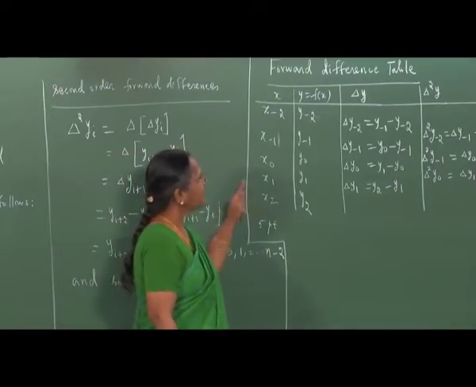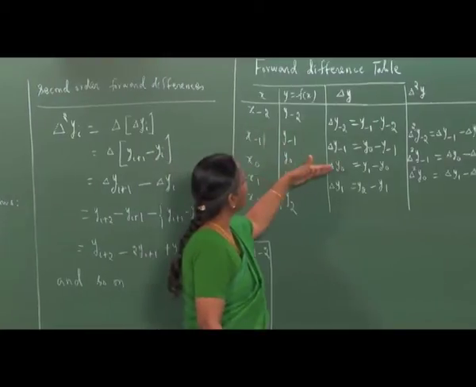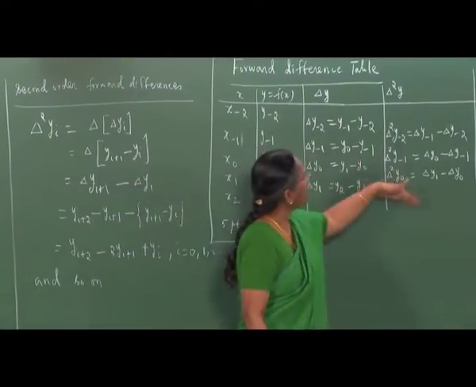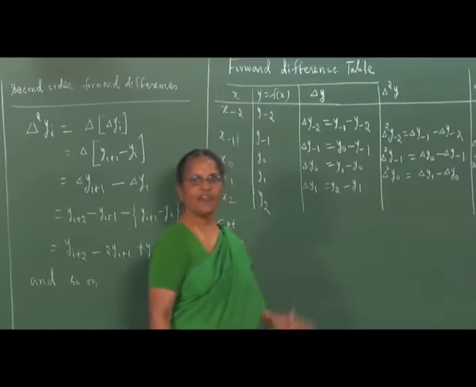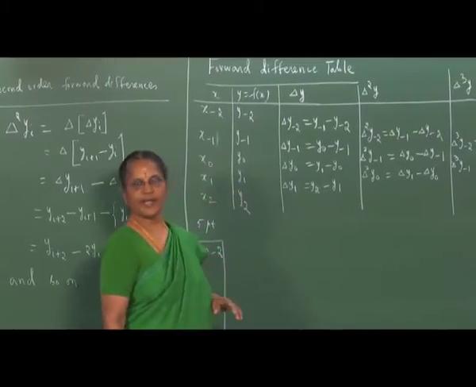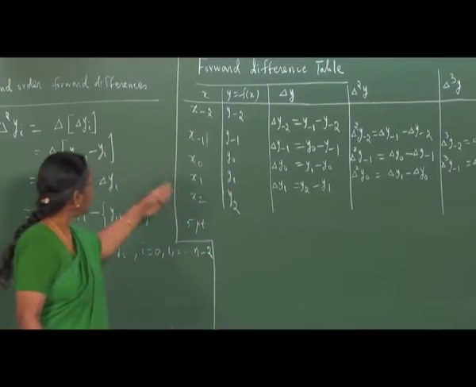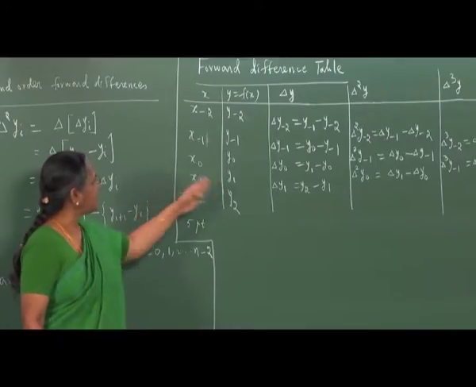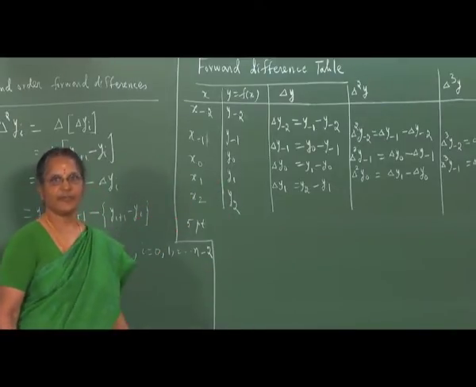And we observe that we have computed the various order forward differences of this polynomial, namely the 4th degree polynomial that interpolates the function at a set of 5 points.